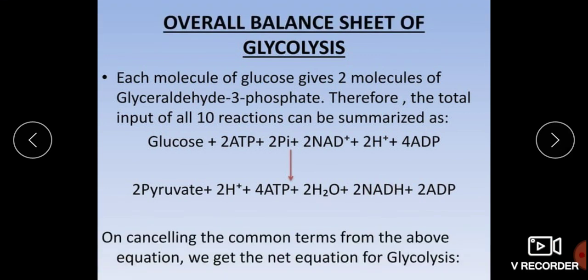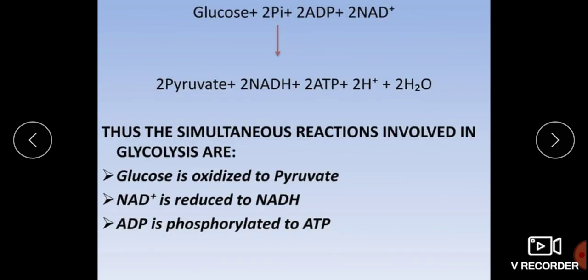This is the balance sheet of glycolysis. If we cancel the common terms from the above equation, we get the net equation for glycolysis as glucose plus 2 inorganic phosphate plus 2 ADP plus 2 NAD leads to formation of 2 pyruvic acid molecules, 2 NADH, 2 ATP, and release of 2 hydrogen and 2 water molecules.